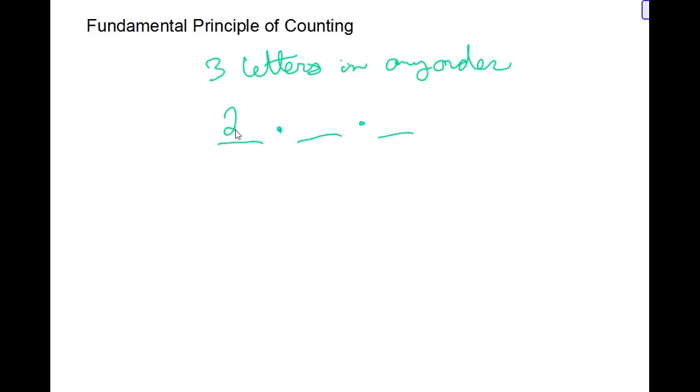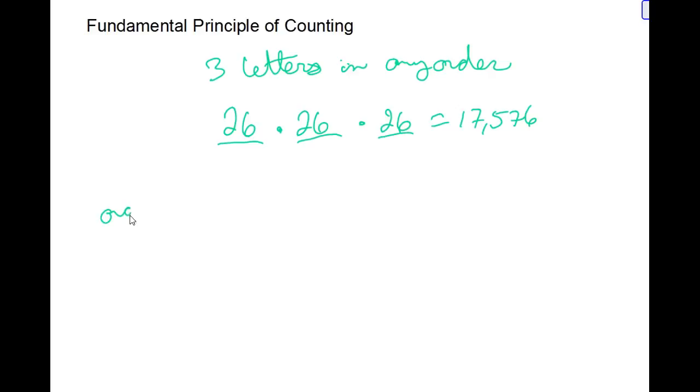If the letters can be repeated, it'll be 26 times 26 times 26, which will give me that there are 17,576 three-letter words I can make if order does not matter.